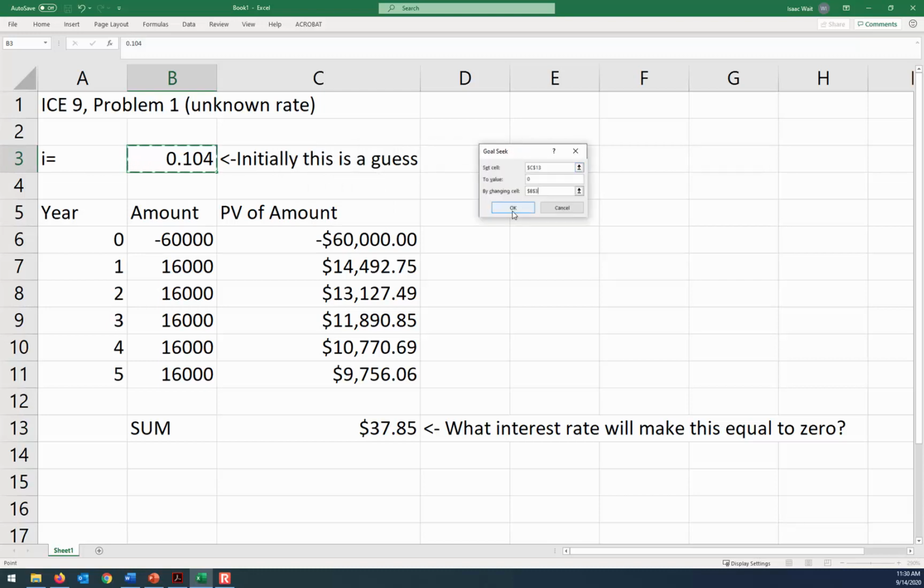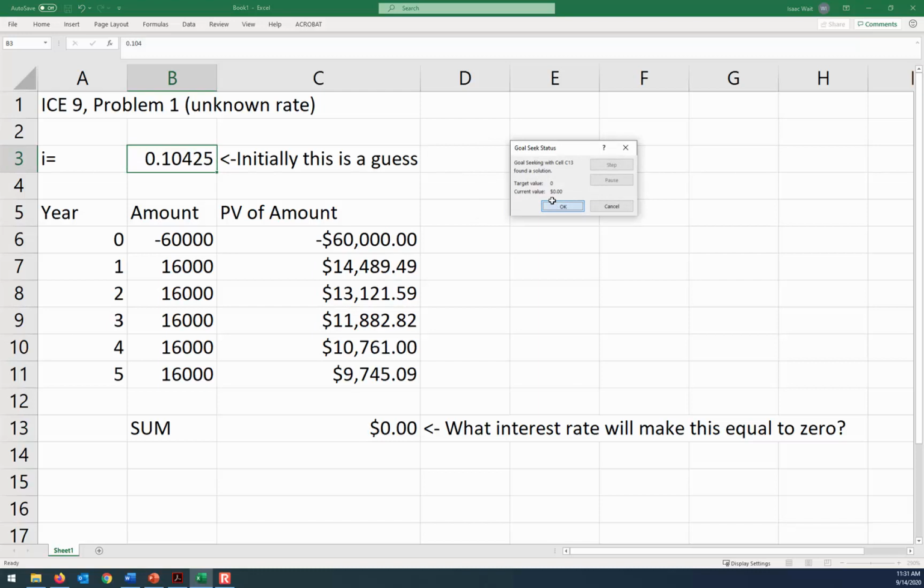And as soon as we click on OK, Excel is going to start plugging in lots of different values into cell B3, and it's going to keep changing the number in B3 until cell C13 is equal to 0. So I'll click OK, and very quickly it finds that the interest rate we're looking for is 10.425%.